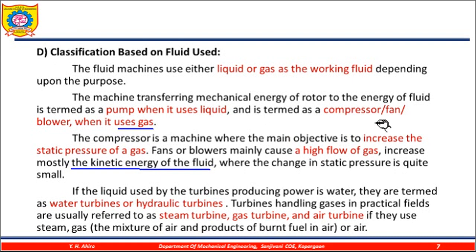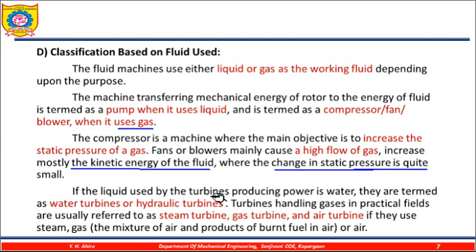But again there is a difference between a compressor and fans and blowers. In a compressor, the objective is to increase the static pressure of a gas, while in blowers and fans, the objective is to get high kinetic energy, so a high flow of gas, where the change in static pressure is quite negligible.